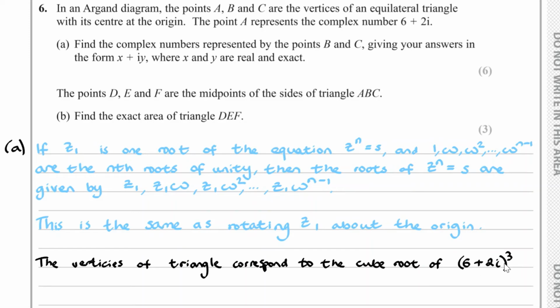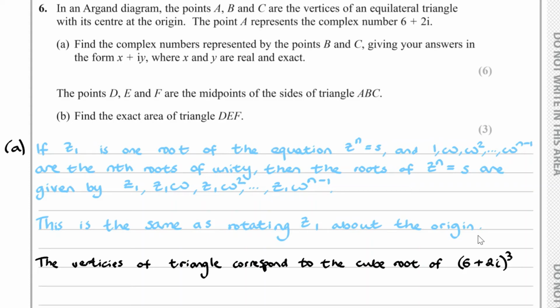So if we cube root this, of course, one of the roots we'll get is 6 plus 2i. But we've got 2 other roots as well that we need to work out in this question. And of course, those roots will be complex. Okay, hopefully that makes sense.